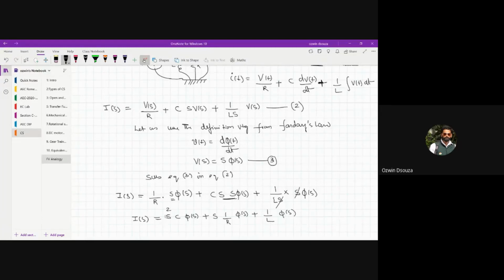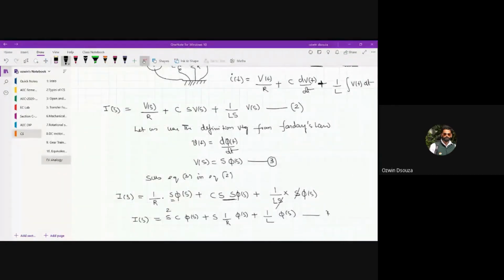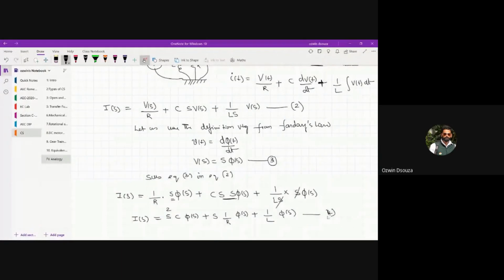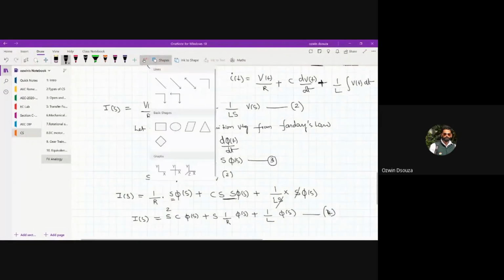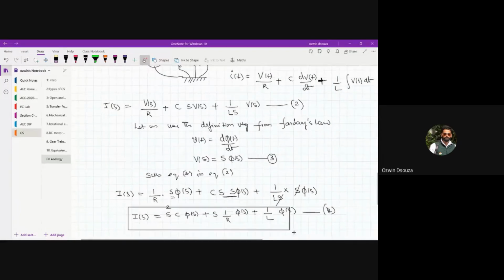So s square, s to the power 1 and s to the power 0. So this is your second order system. Let me put it in a box so that you'll be able to compare it.